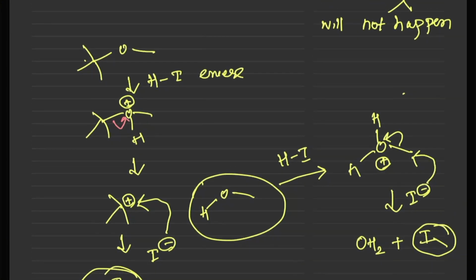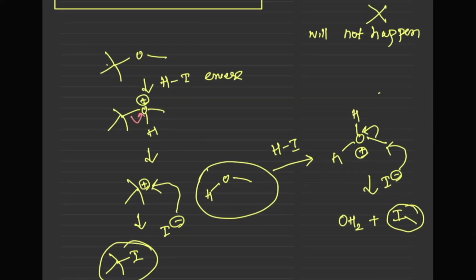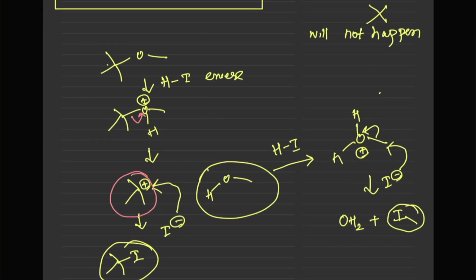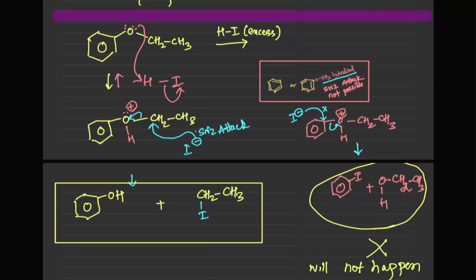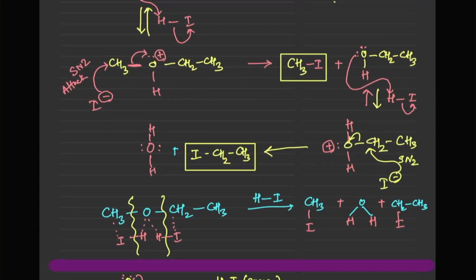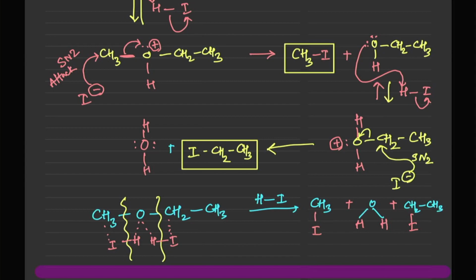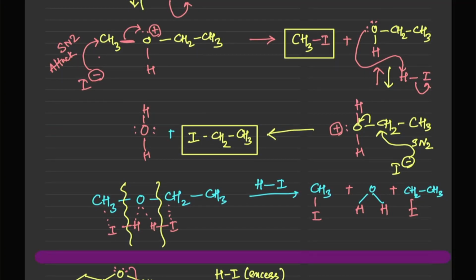In this case, you had an opportunity of making a tertiary carbocation, so the reaction follows the SN1 route. That's the only thing I want to mention here. Going back to the previous example: when you have primary carbon atoms on either side, you replace with iodine and the reaction follows an SN2 attack.